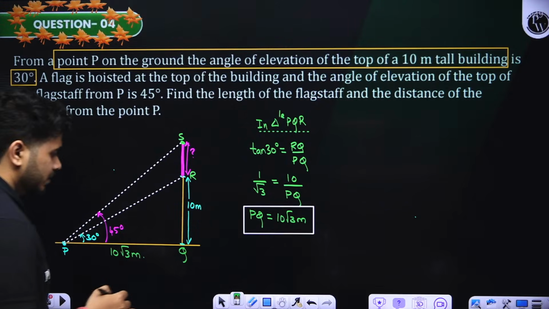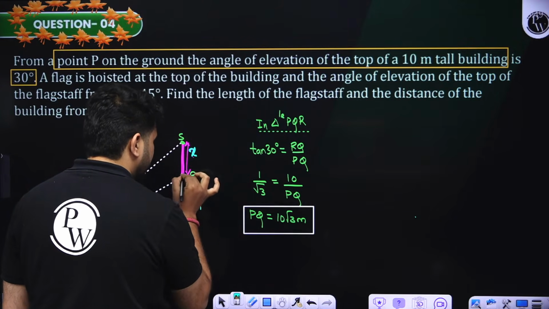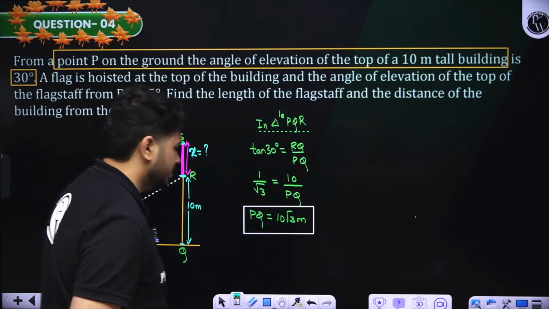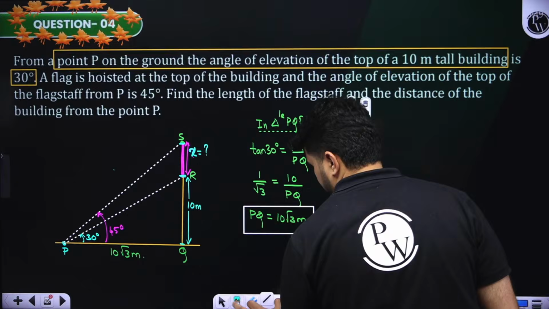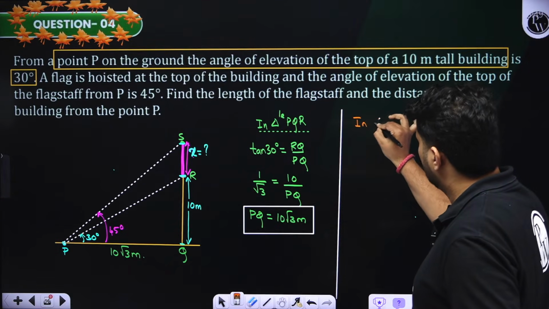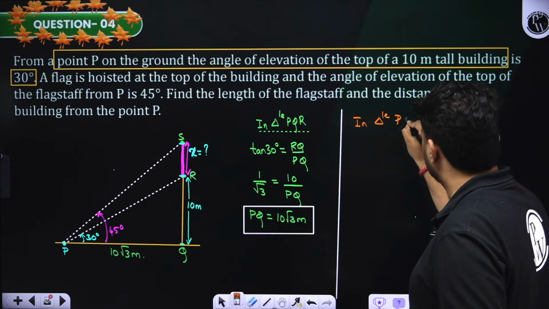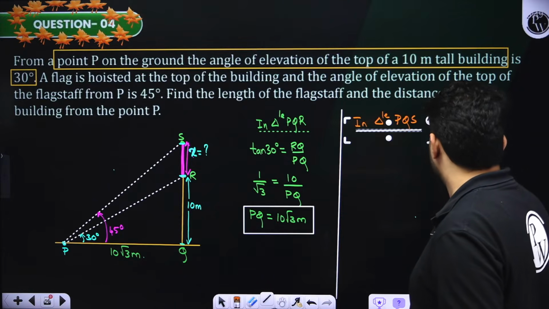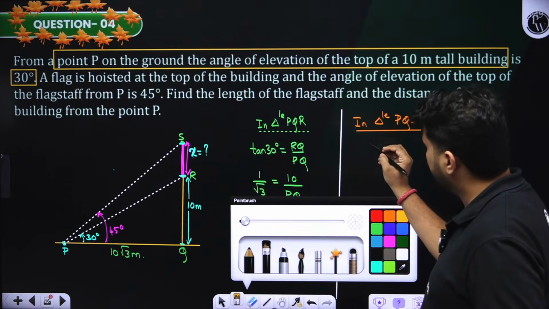Now since we don't know the height of this, let us consider it as x, because we need the flag pole height, x is question mark over here. Coming to the next triangle, in triangle PQS, we have tan 45 degrees.